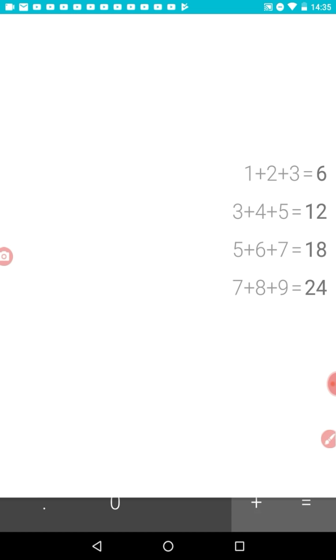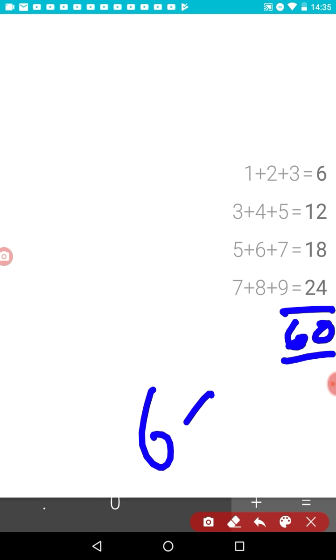What I want to show as well is how if you add all those together, 6 plus 12 is 18, plus 18 is 36, 36 plus 24 is 60. 60 seconds in a minute, 60 minutes in an hour, 24 hours a day.